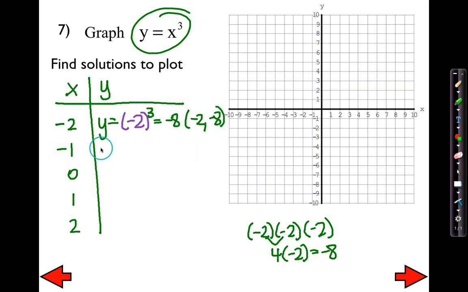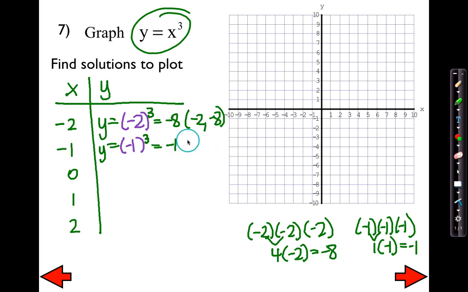I'm going to repeat this process. So y equals, we're going to plug in our -1 for x, and cube that number. This means -1 times -1 times -1. That's going to be a +1 times a -1, which is a -1. So our ordered pair is -1, -1. Now for 0, we're going to go ahead and put y equals, plug in that 0.